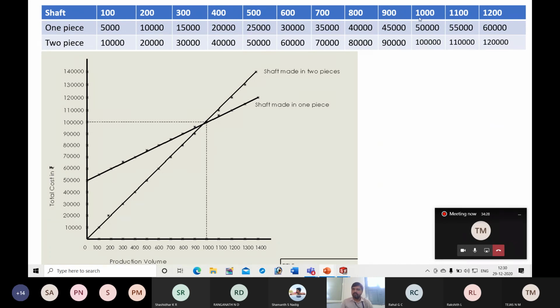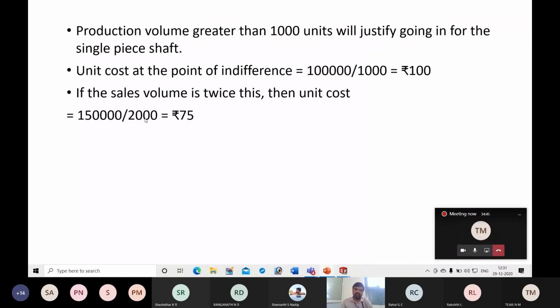For 1000 units, the variable cost is 50,000 for one piece. Then for 2000 units, it will be 1 lakh. Then the total cost will be 1 lakh 50,000. So 1 lakh 50,000 by 2000 will give you the unit cost when the sales volume is 2000.